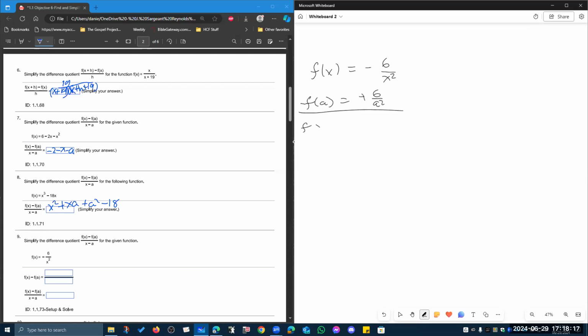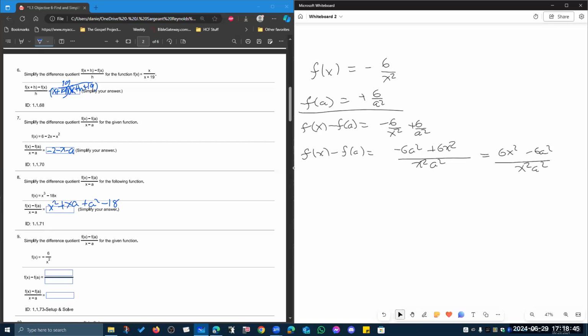So f of x minus f of a is equal to negative 6 over x squared plus 6 over a squared. Let's make a common denominator. f of x minus f of a is equal to negative 6a squared plus 6x squared over x squared a squared, which is the same thing as 6x squared minus 6a squared over x squared a squared.